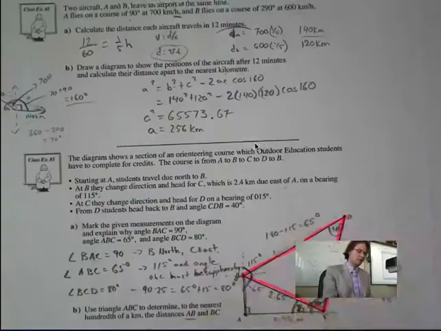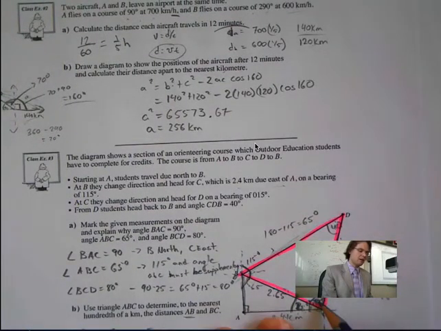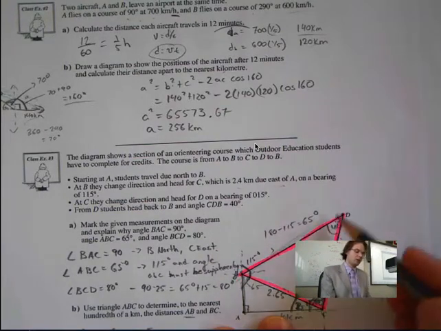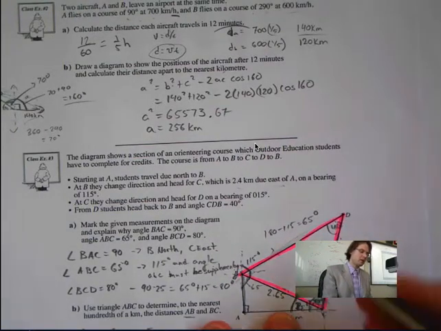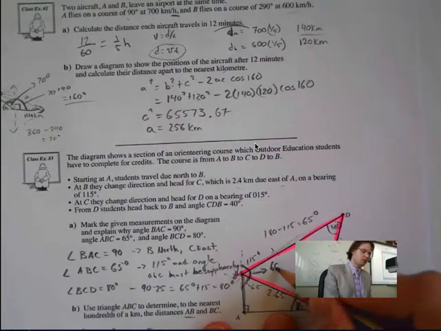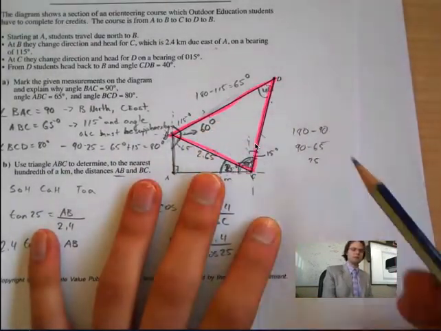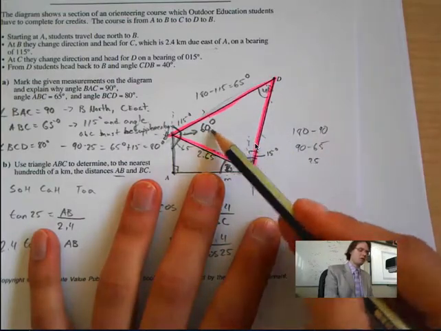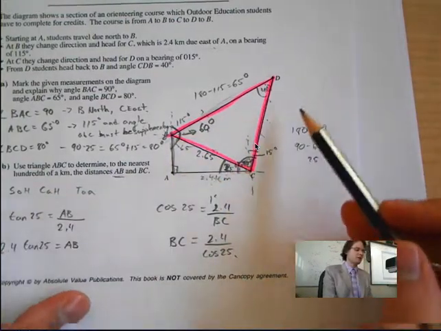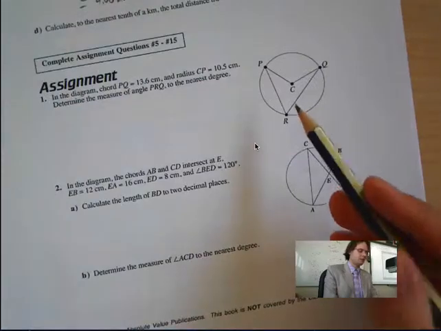All right? Now, if this is 40 and this is 80, it adds up to 120. So this angle here is only 60 degrees. Now that I know this is 60 degrees, we could use this ratio here. So we're going to find DC.